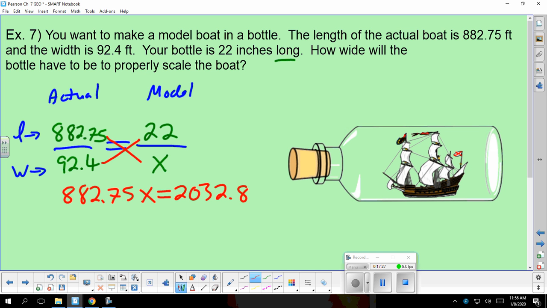Well, now I just need to divide. And I get x, that width is 2.3 inches. Any questions on that?